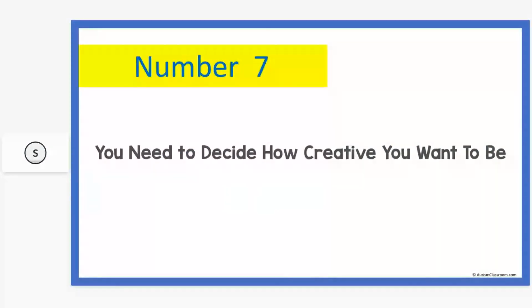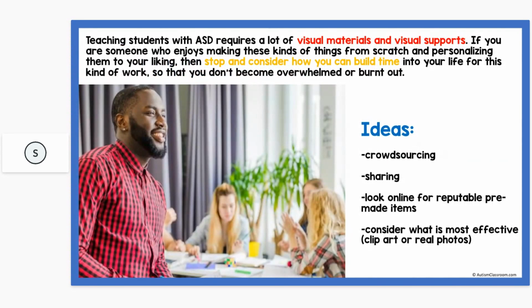When you're working in an autism classroom, you have to figure out how creative you want to be. Are you going to make everything? Are you going to use those visual supports and use that printer and print out everything? Or do you want somebody else to make it for you? You could crowdsource things, have people purchase things for you through Donors Choose or some other place where people buy things for educators.